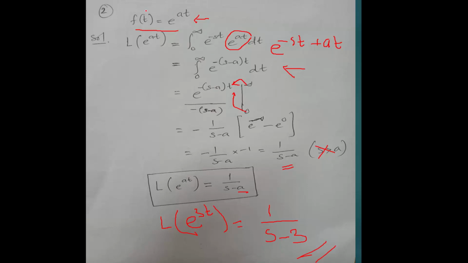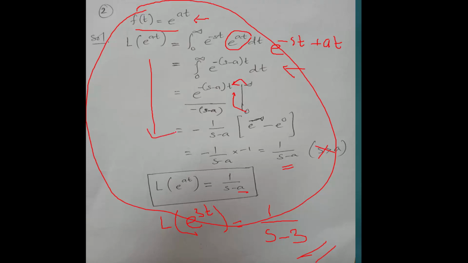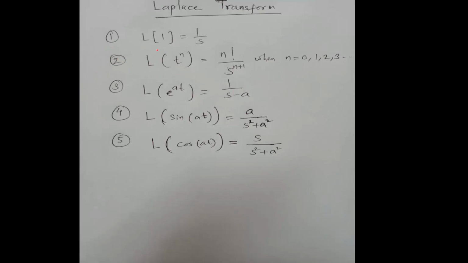So this whole thing is going to act as a formula. Here also you need to know how to firstly integrate this one, and you need to also remember the direct result of the Laplace transform of an exponential function. We have seen the Laplace transform of 1 and the Laplace transform of an exponential function.